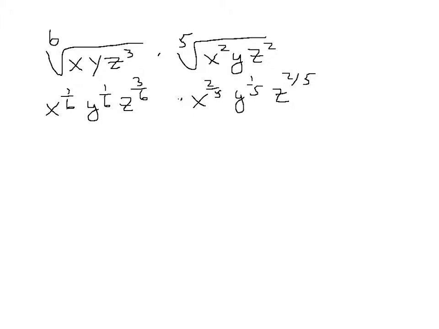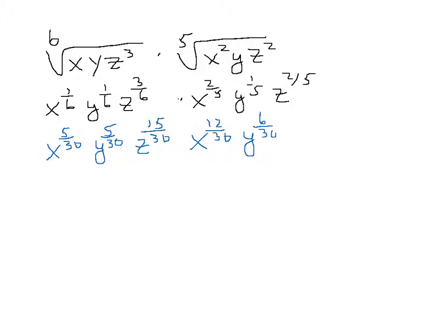So what do we get? Well, this is going to be x to the 5/30ths, y to the 5/30ths, z to the 15/30ths, x to the 12/30ths, y to the 6/30ths, and z to the 12/30ths.